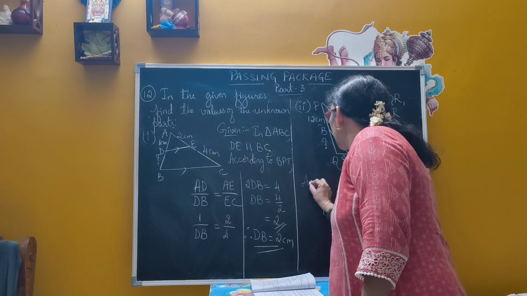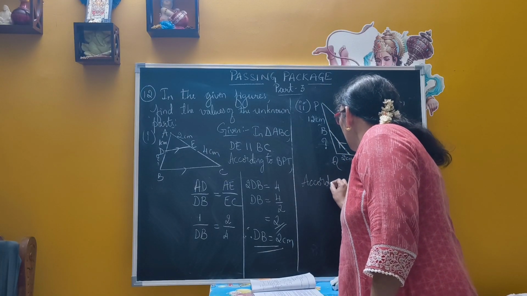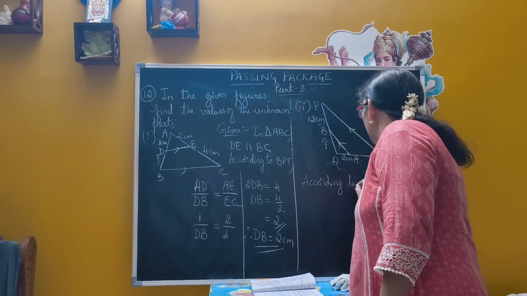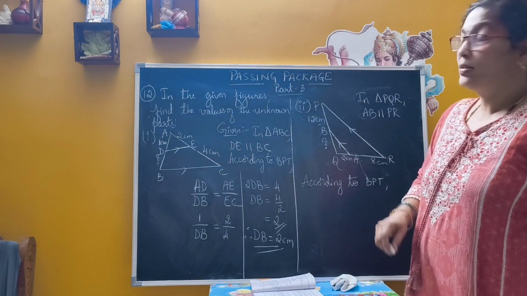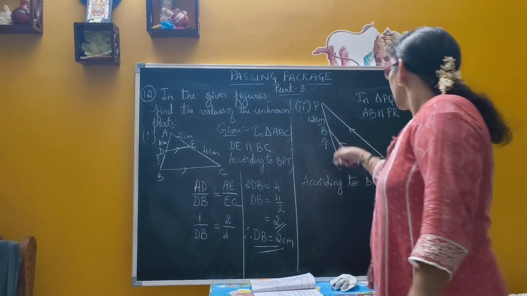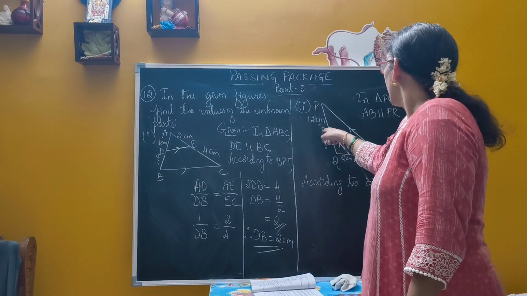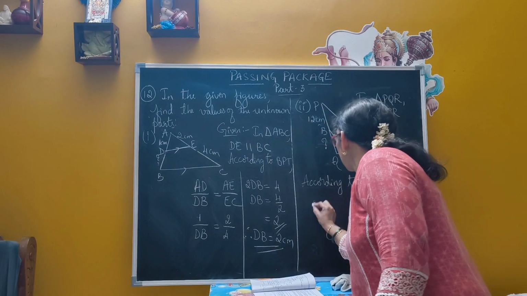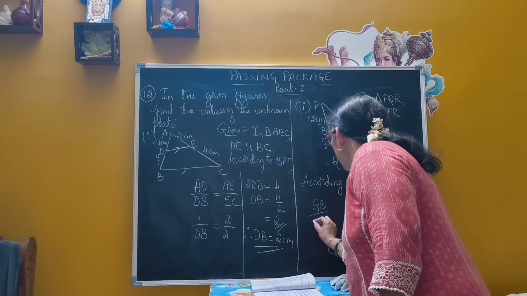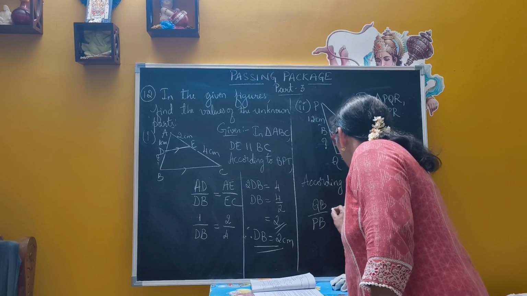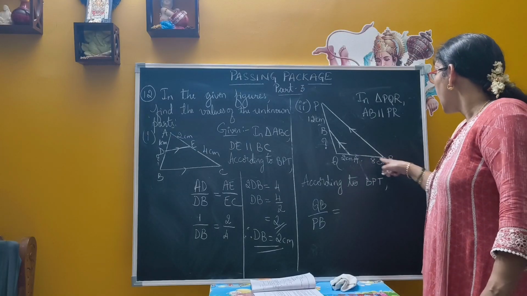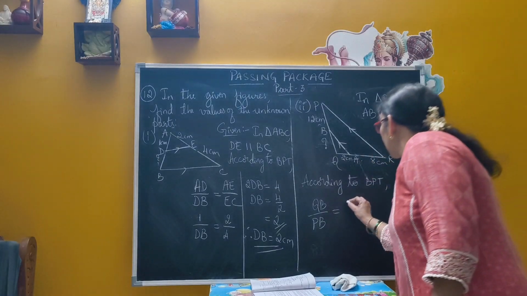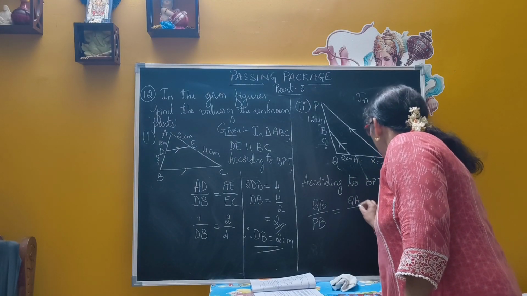According to BPT or Thales theorem, we write QB by PB is equal to QA by RA or AR.